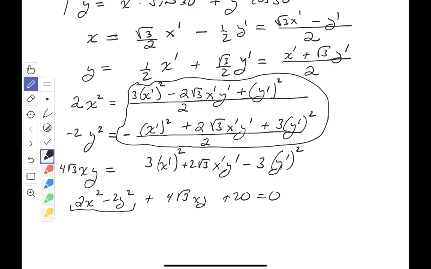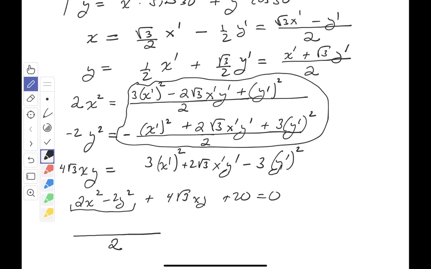And what would you get? I'm going to be really careful here. So I'm looking at it. And I got the 2x squared. And I got the minus 2y squared and combined together. So that's going to give you, I got a common denominator of 2 there, right? I'll put this over here. And what do you get there?